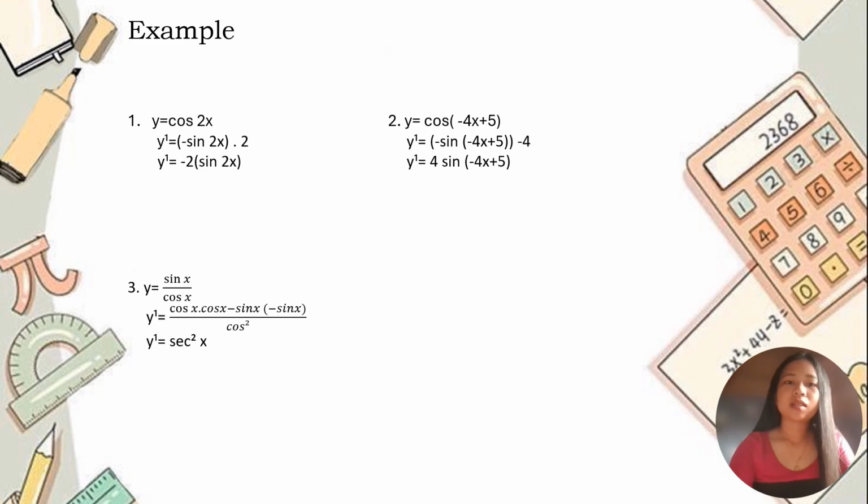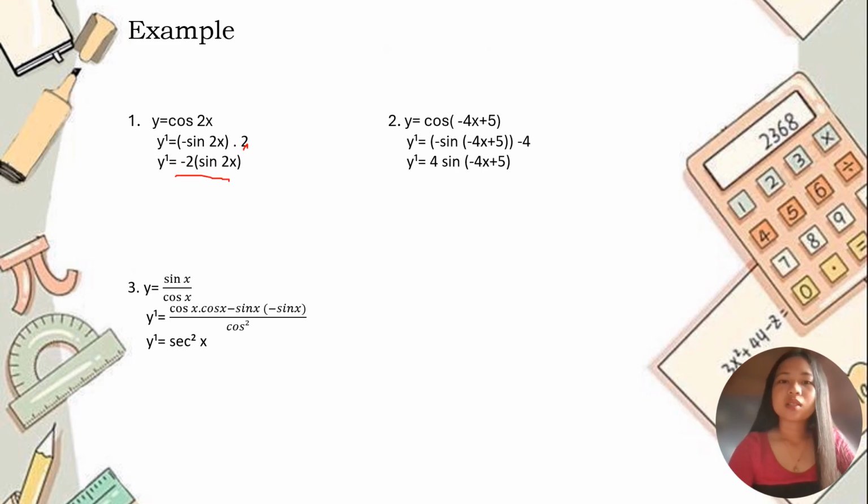We copy the sign here, so negative. Then we copy this 2 outside, so we get negative 2 sine 2x. That will be our answer.